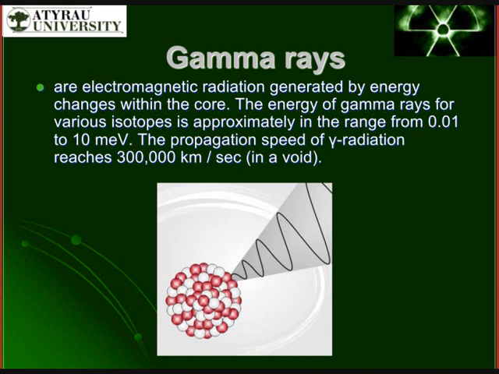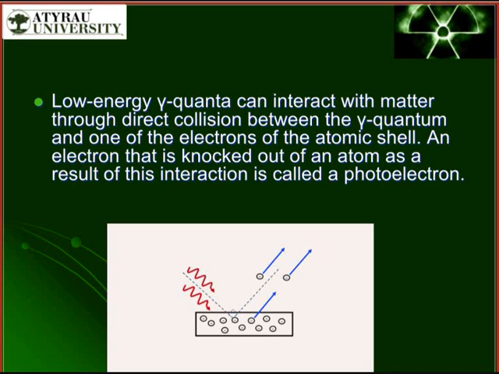Gamma rays passing through any medium interact with electrons and nuclei that make up the absorbing substance. Low-energy gamma quanta can interact with matter through direct collision between the gamma quantum and one of the electrons of the atomic shell.